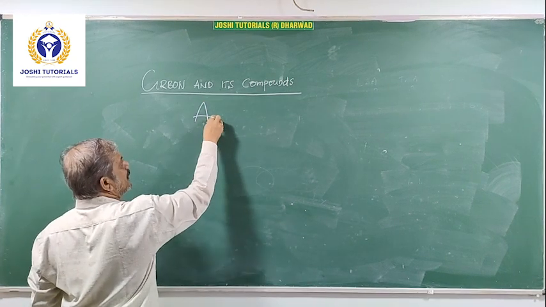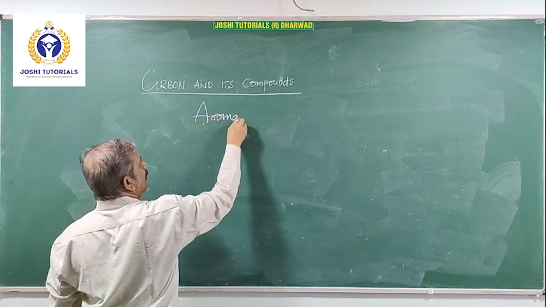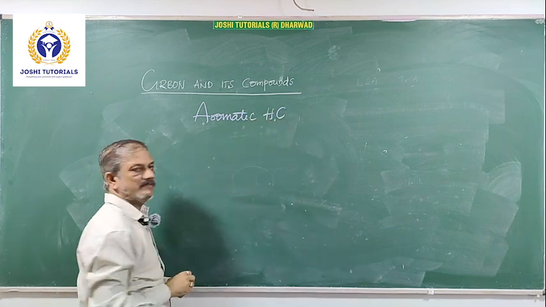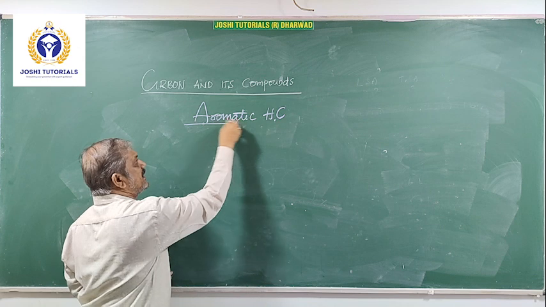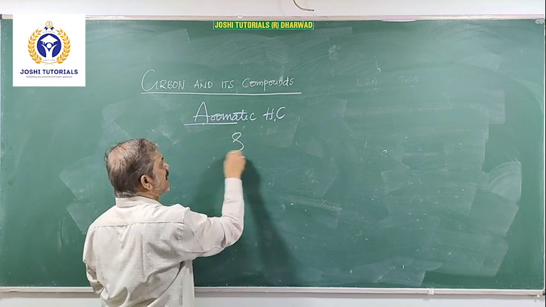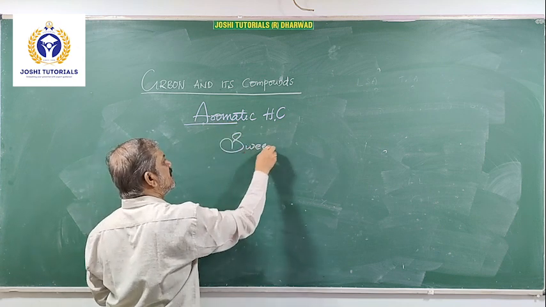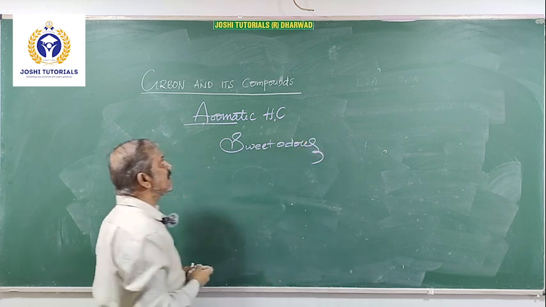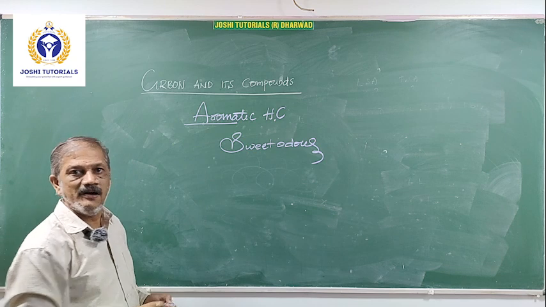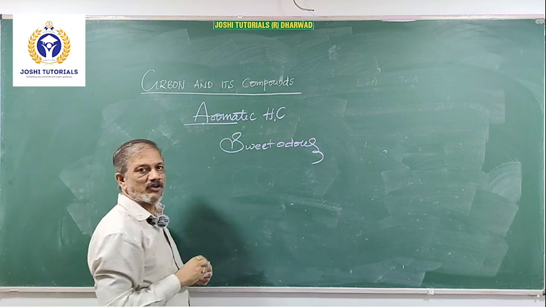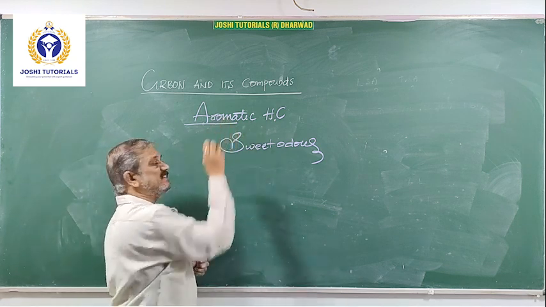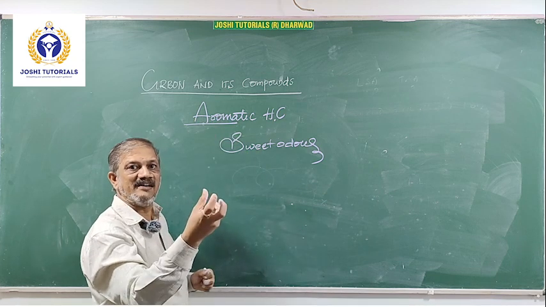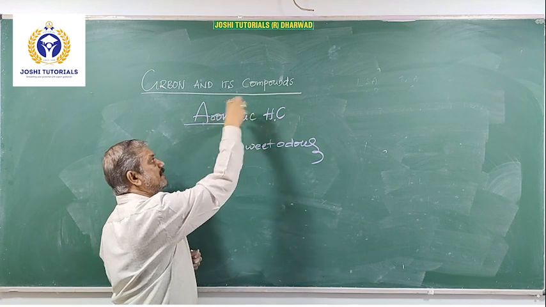Aroma means sweet smell or odor. What we call sweet odor, they are coming under aromatic. Perfumes come under aromatic. Scent, attar, they are coming under aromatic. Fragrant smell, natural, they are coming under aromatic.